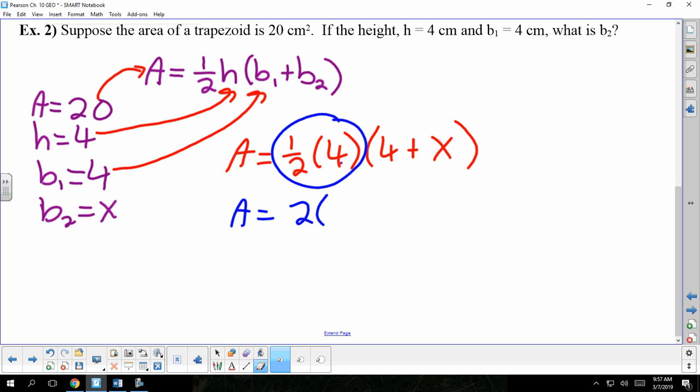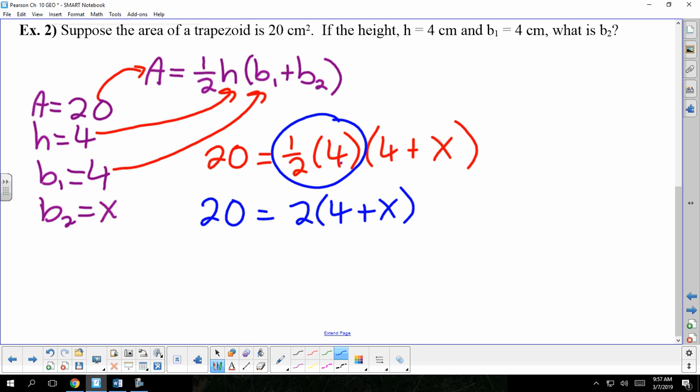And I forgot to plug in the 20 right here, didn't I? That 20 is going to need to go right there. Equals 2 times 4 plus x. And then I can divide both sides by 2 to undo that multiplication.